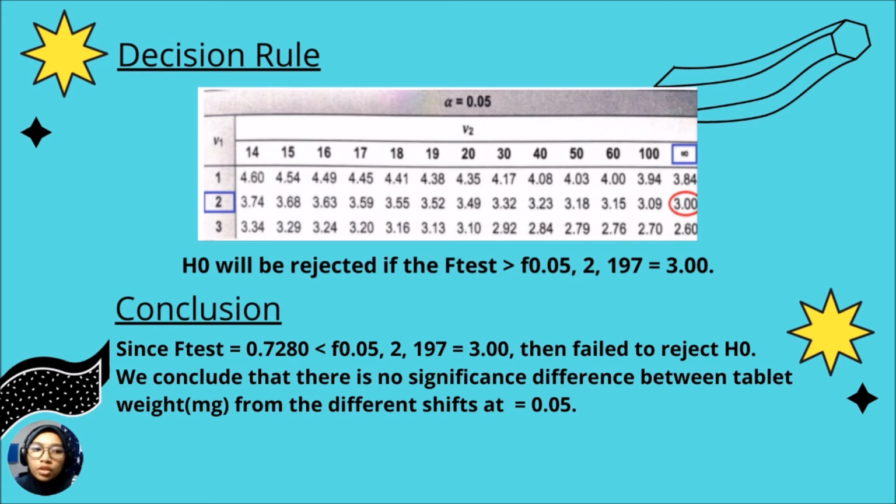So for the conclusion, since the F test 0.7280 is less than F alpha V1 V2 3.00, then we fail to reject H null. We conclude that there is no significant difference between tablet weight from different shifts at 0.05.